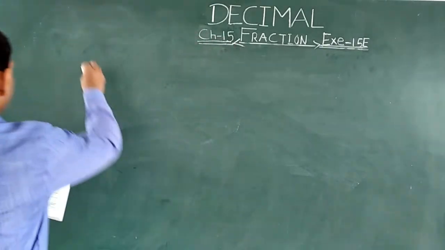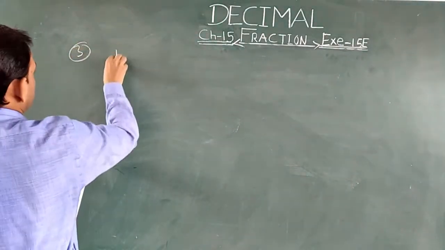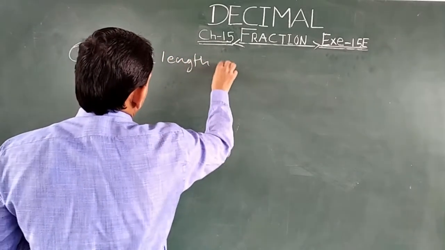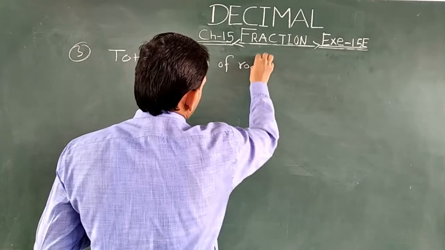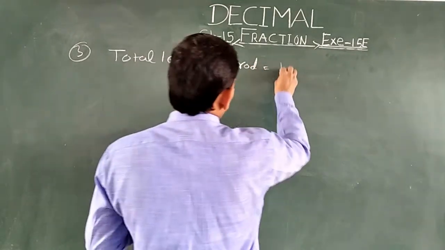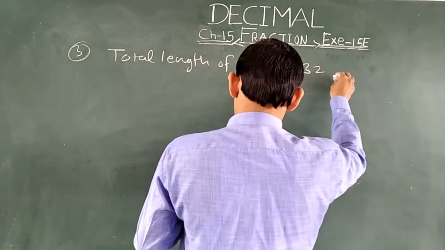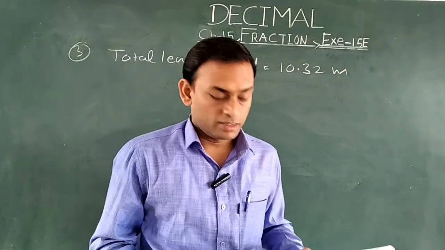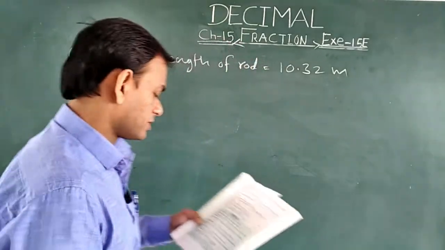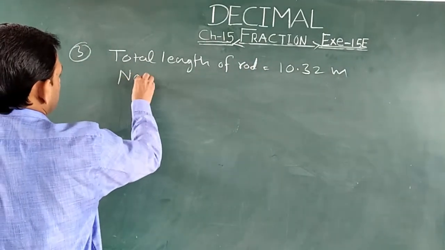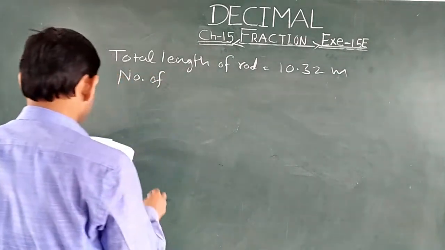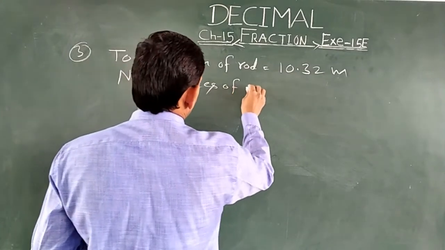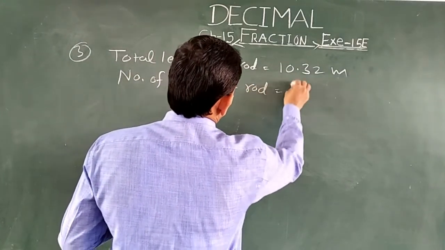This is question number 3. The total length of the rod is given, it is 10.32 meters, and the rod is being divided into 4 equal pieces. The number of pieces of rod is 4.